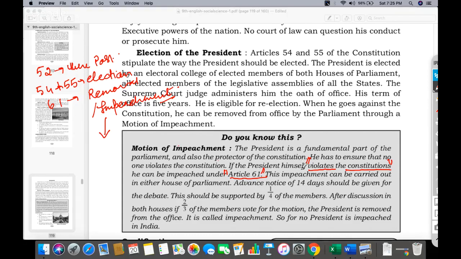So generally, what I understand from violation of the Constitution is that there are a few discretionary powers given to the president, and those have been mentioned in the Constitution very well. Apart from these discretionary powers, the other powers of the president are not discretionary.